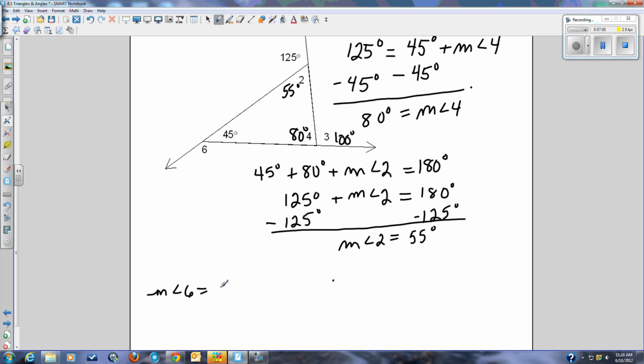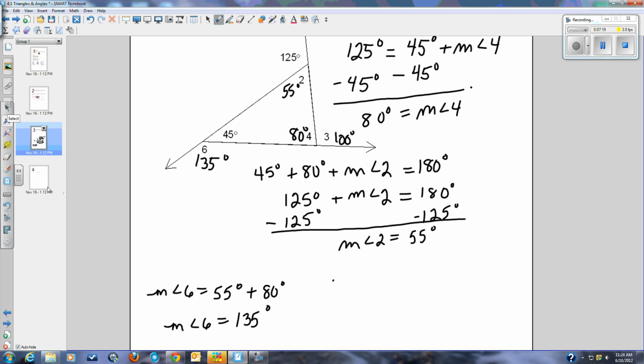So let's add those together. So the measure of angle 6 is equal to 135 degrees. So we will also fill that one in. So now we have all of our missing angles. Let's move on to the next page now.